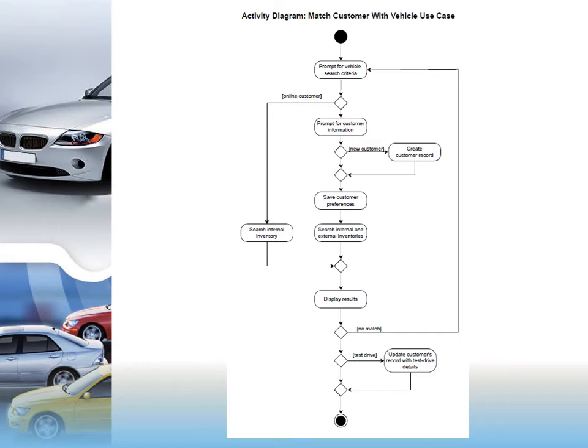We can see that the subflow for online customers only includes searching the internal inventory, bypassing the customer information and the external inventory search activities. As the last step of the normal flow, we have the system display the search result. There is one more set of nodes to incorporate an alternate flow to update the customer's record with test drive details which only apply to on-site customers.